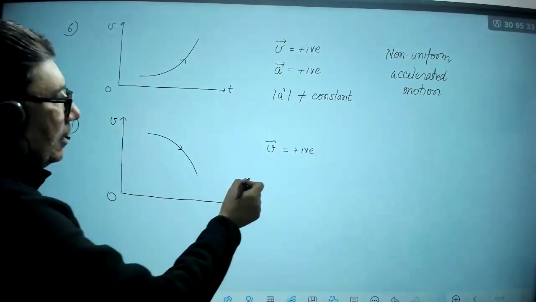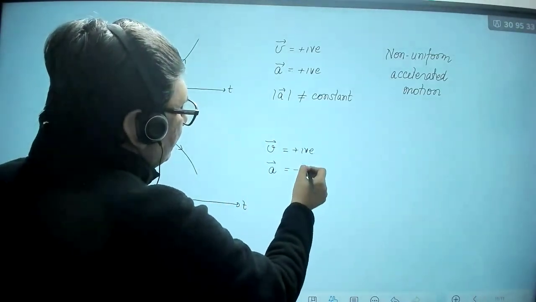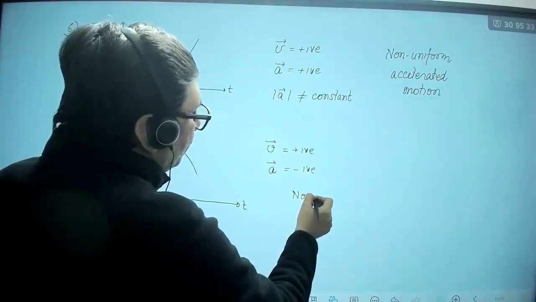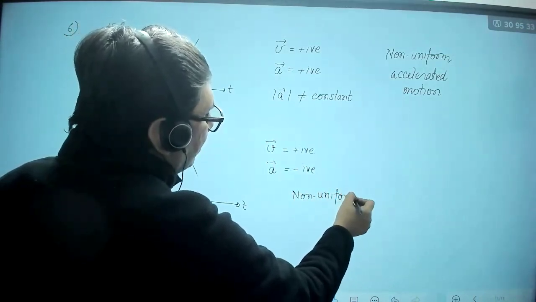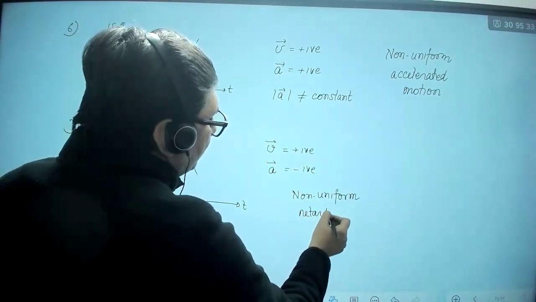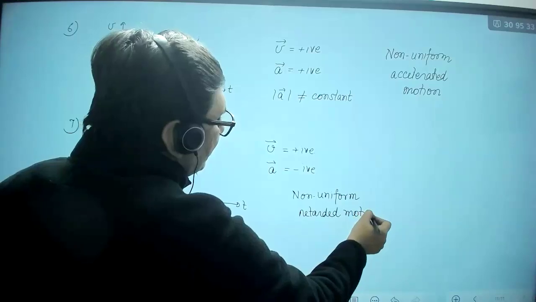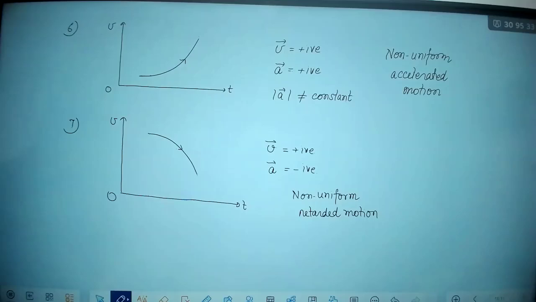V is decreasing with time. So acceleration is negative. Deaccelerated motion, retarded motion, non-uniform. This is non-uniform retarded motion.